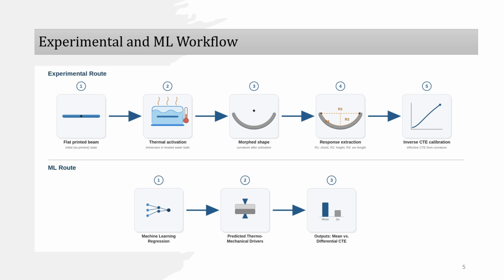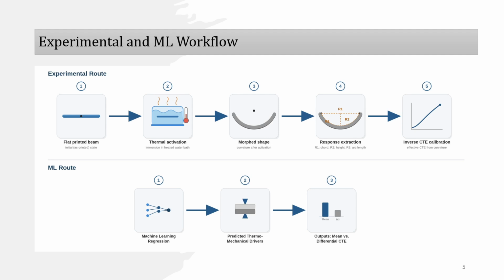These calibrated quantities are then used as machine learning targets. In other words, the models are not trained directly only to predict geometric deformation. Instead, they are trained to predict the effective physical drivers behind that deformation.